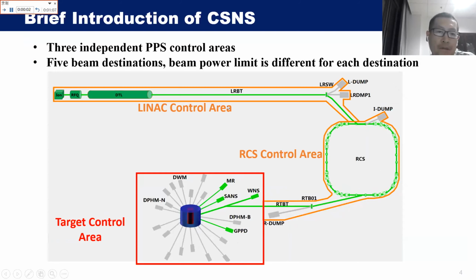From the view of the PPS, the whole facility can be divided into 3 areas: the Linac area, the RCS area, and the target area. The accelerator has 5 beam destinations, and for each destination, the beam power limit is different.